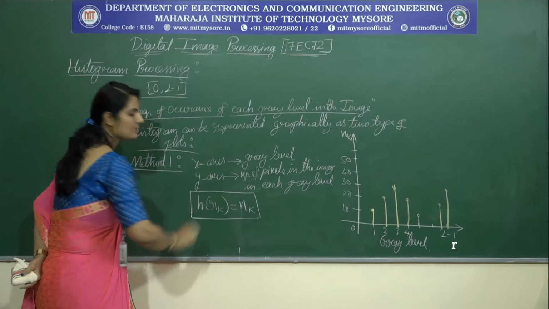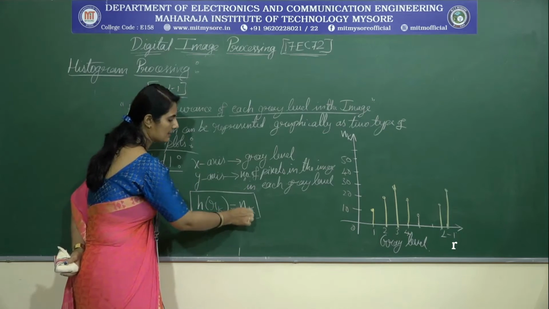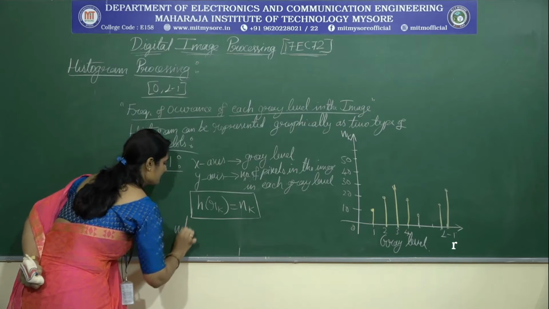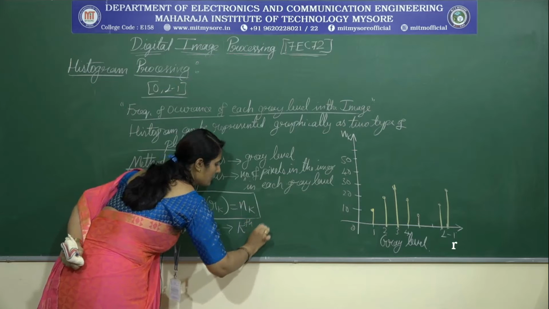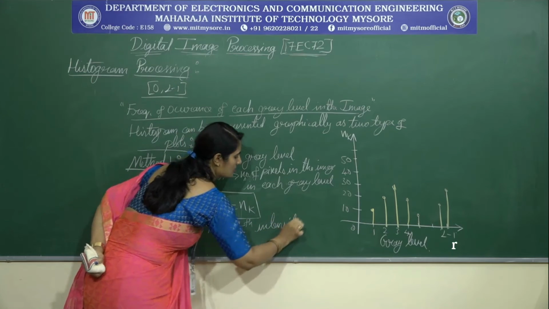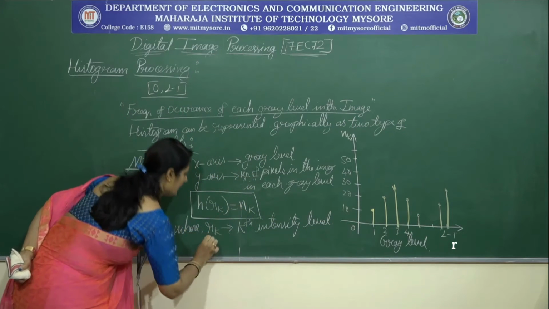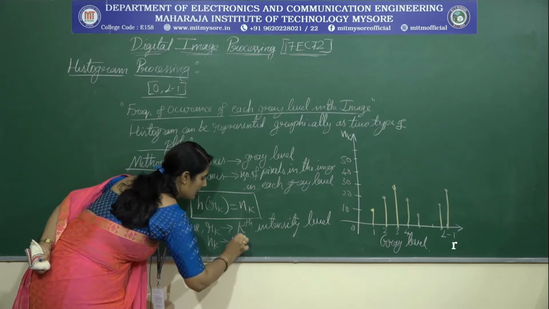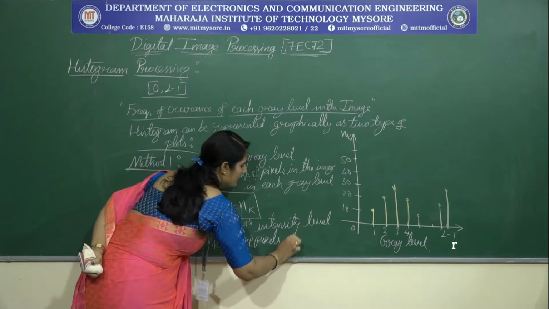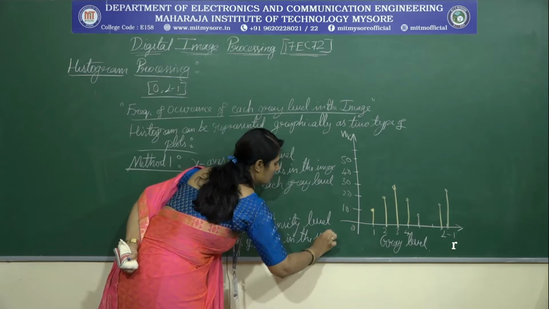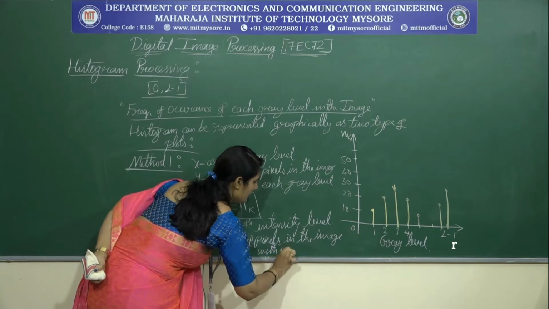So, the histogram is a discrete function which is mathematically represented as h of Rk is equal to Nk, where Rk is the kth intensity level, and Nk is the number of pixels in the image with intensity level Rk.